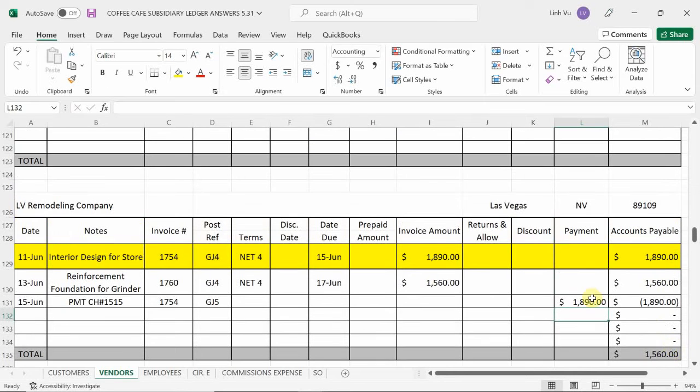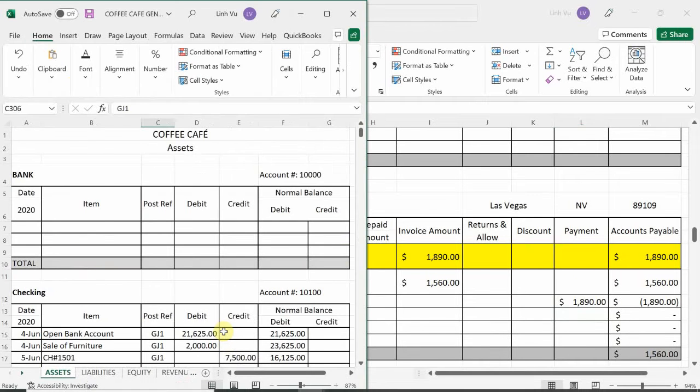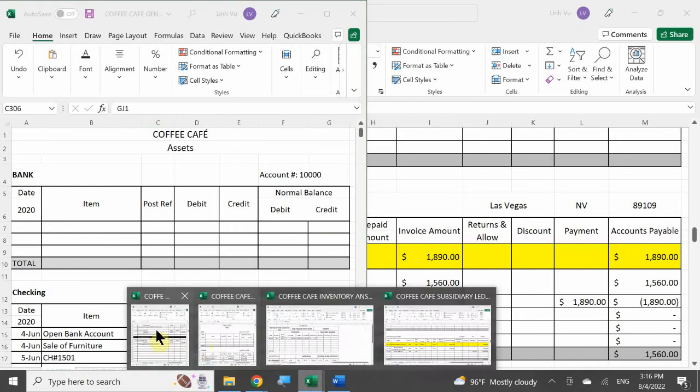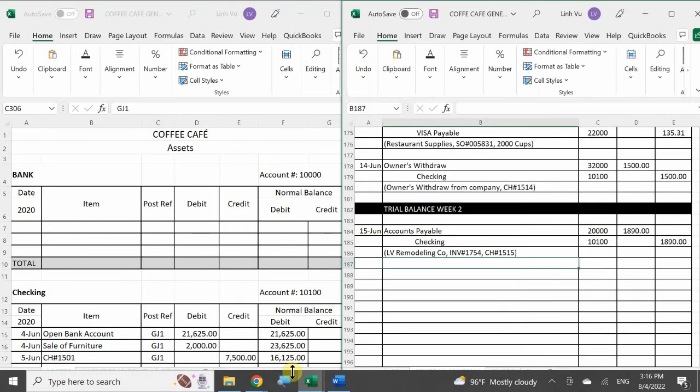Okay. And then now we need to update the general ledger. Where are you going to go?